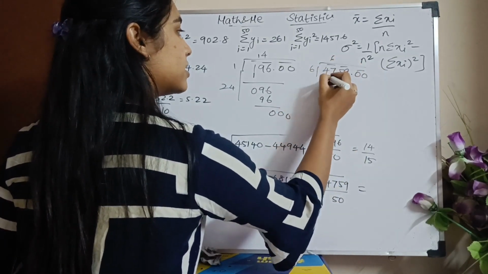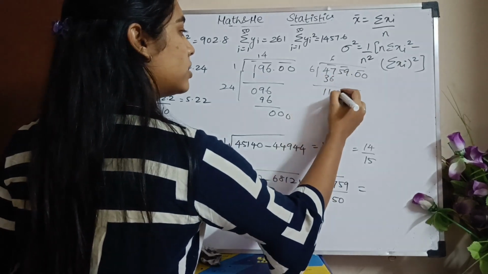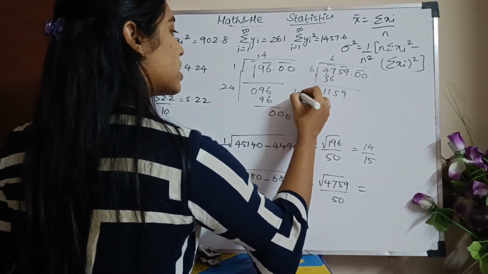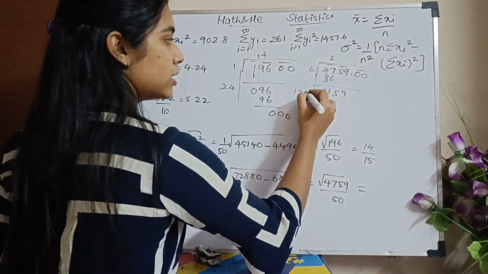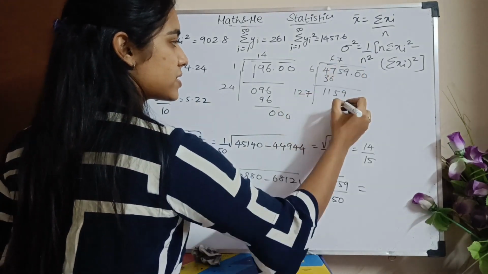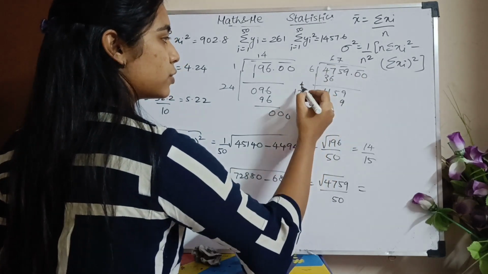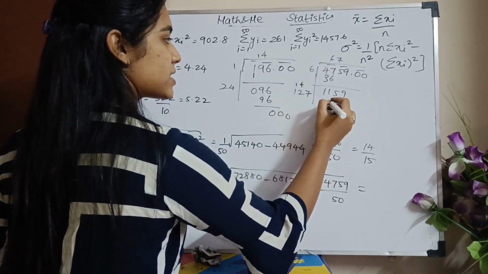So 6 6s are 36. 6 2s are 12. For 12, I'll do 12 7. 7 7s are 49. 4, 7 2s are 14, 18. 7 1s are 7, 8.